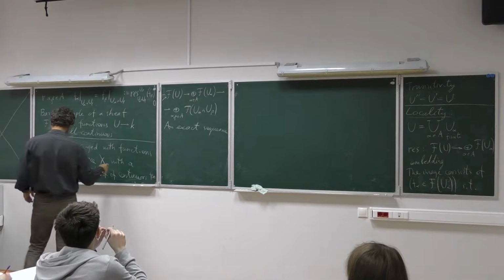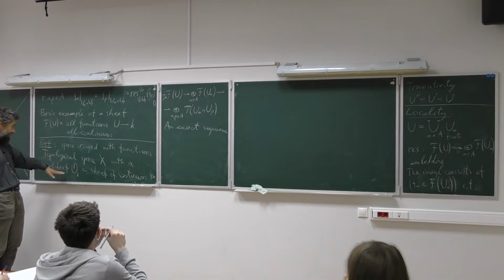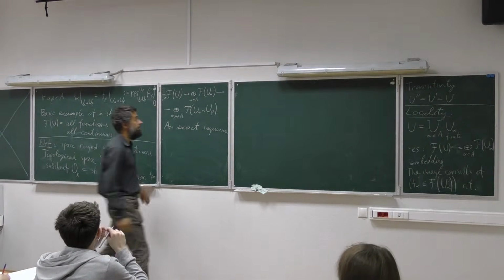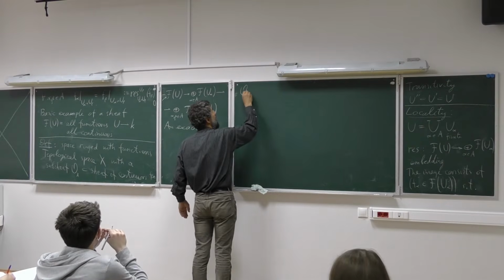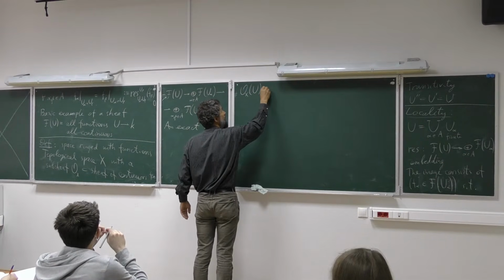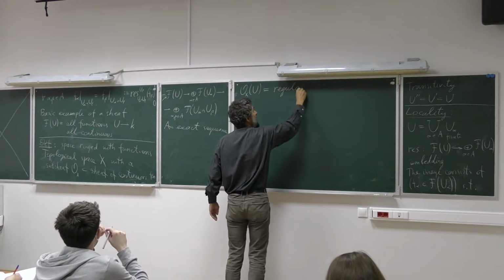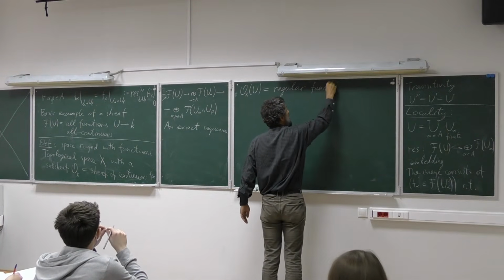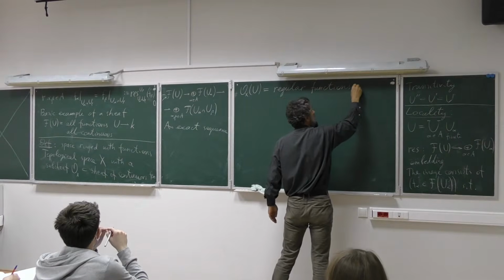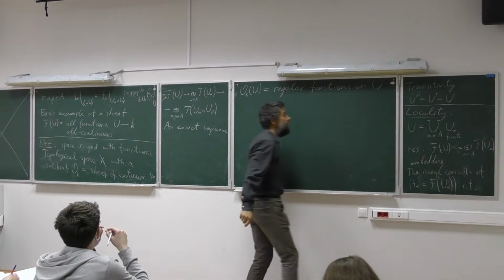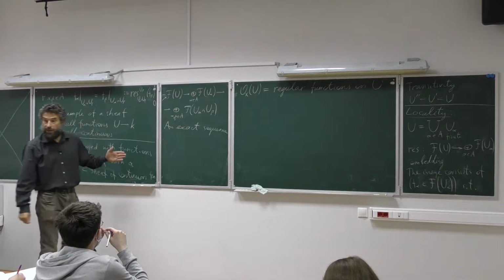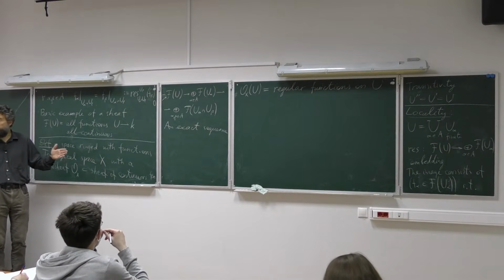So it's a ringed space: a topological space with a subsheaf, and then OX of U is called regular functions on U. And it's up to us to specify the notion of regular functions.